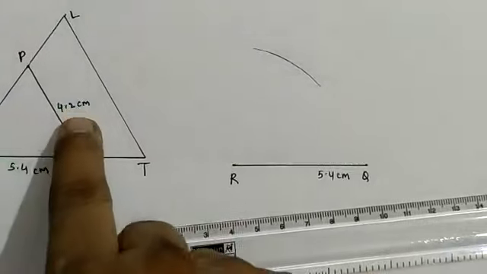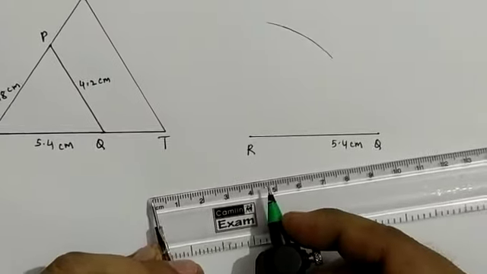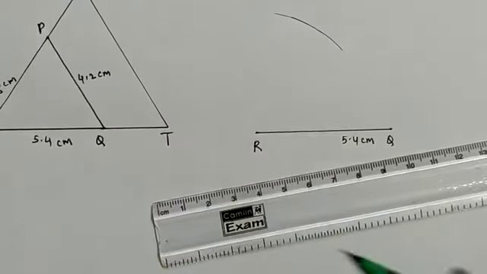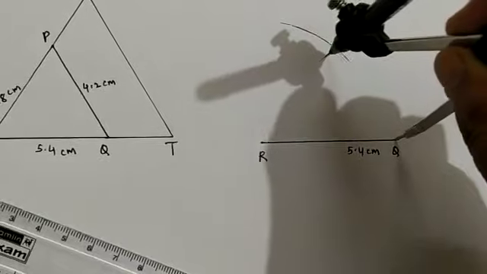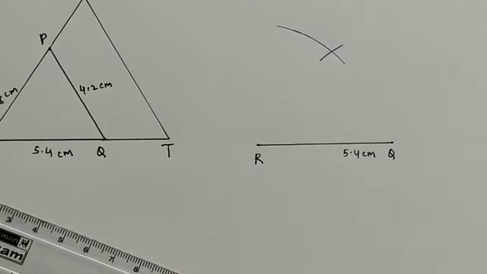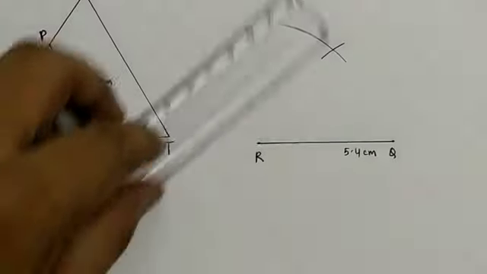Then it is 4.2. So we will take 4.2 now, and from this point Q draw an arc of 4.2. Just draw the proper arc. So from here 4.8 and from here 4.2. Join this.